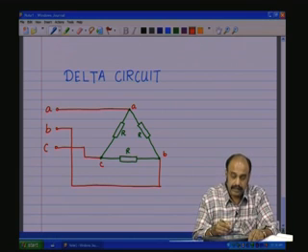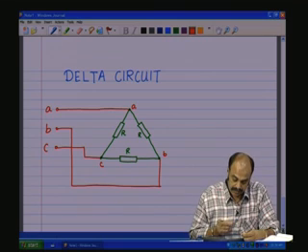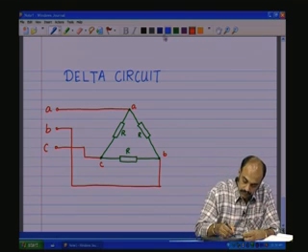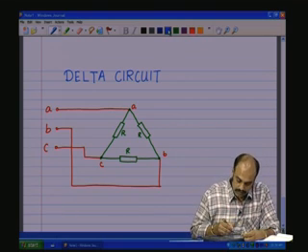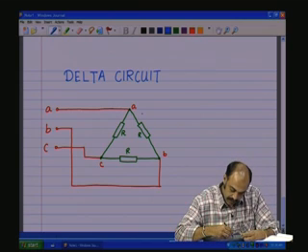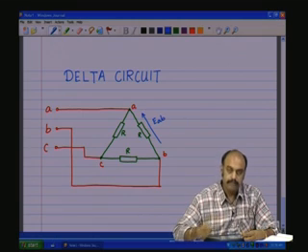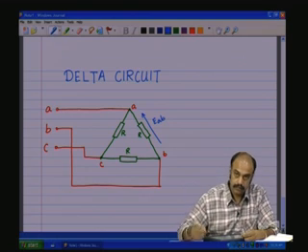Now, let us define the various parameters. Now, A to B, we shall call this as EAB.